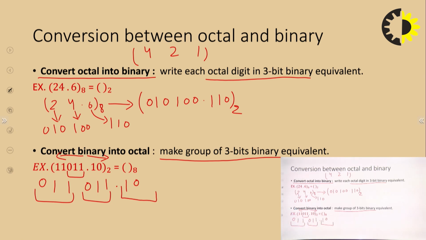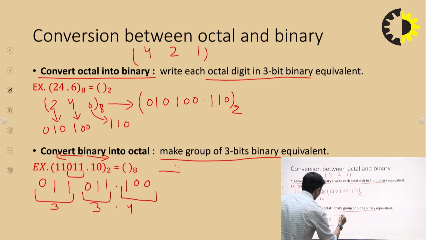Since there are only 2 bits, we append one more bit, a 0, because after appending the 0 the number is still the same. There is no difference. So this group is equivalent to 3, this group is equivalent to 3, and this group is equivalent to 4. So our conversion from binary to octal is 33.4.